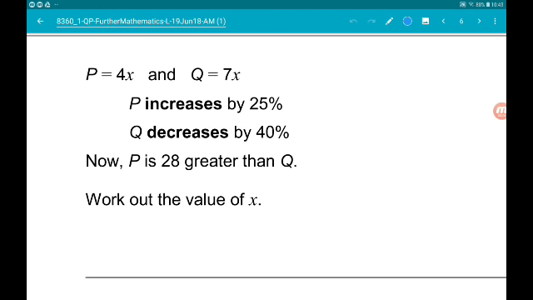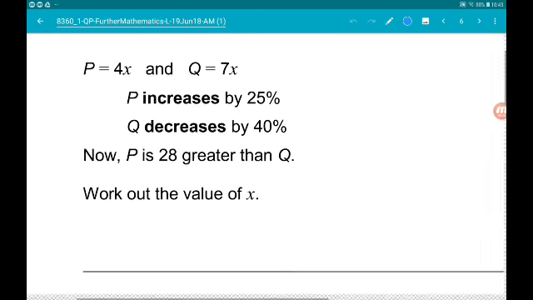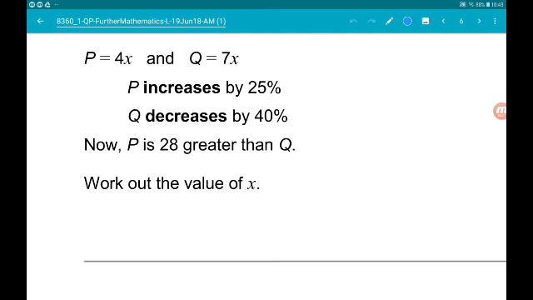Okay, so 25% of 4x is a quarter of 4x. So that's going to be just 1x.